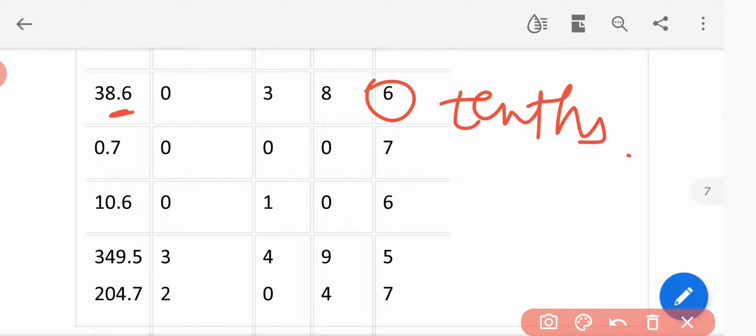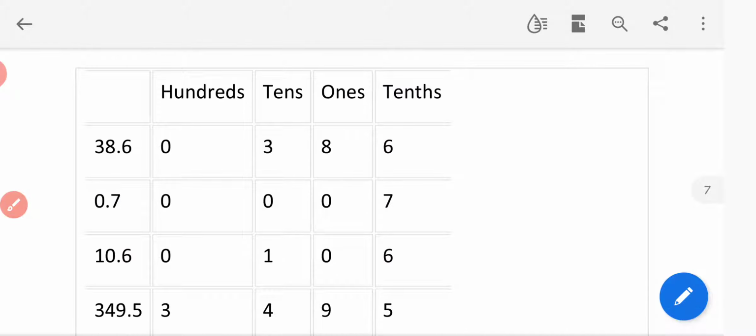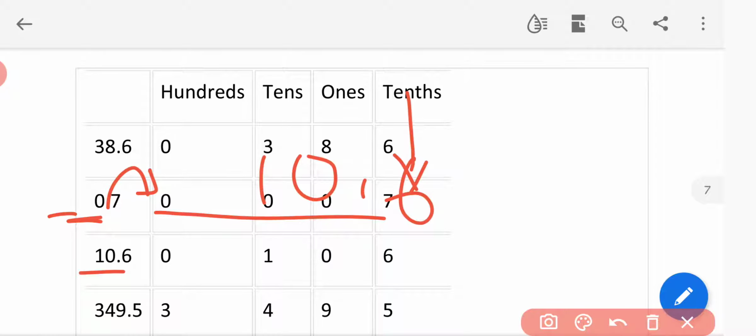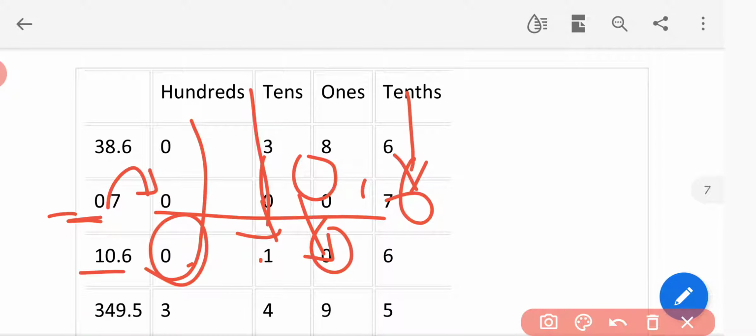Then 0.7. In 0.7 you can see that 0 ones, tens, 100 is not given, it means 0, and after decimal 7 is given, so write here in place of tenths. Same here in 10.6. So ones and tens. So ones is 0, tens place is 1, and there is no any 100, so here will be 0 only.